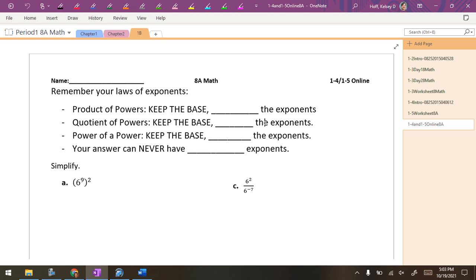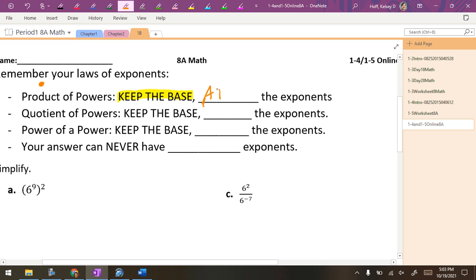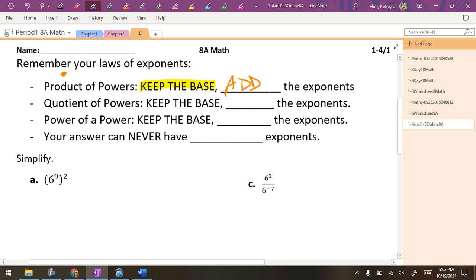I'm going to say it a whole bunch of times today. Product of powers, meaning you are multiplying: keep the base and add your exponents.